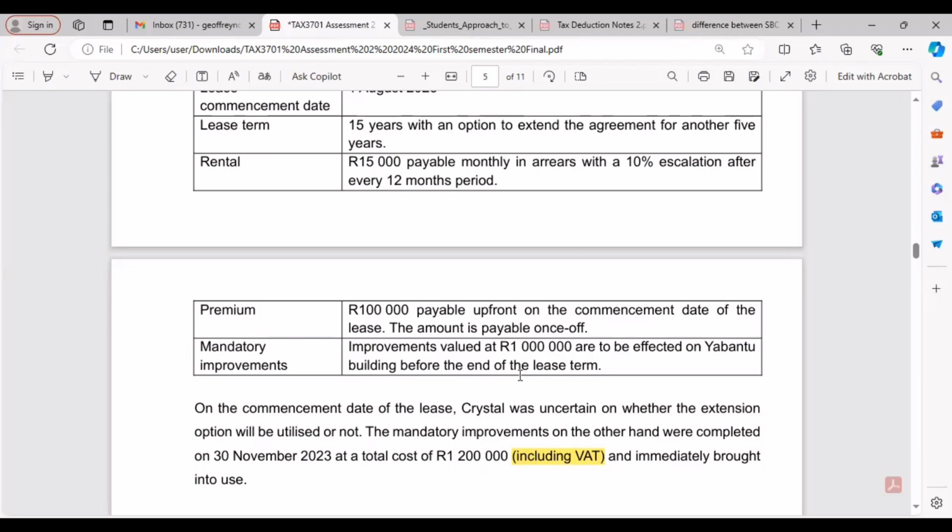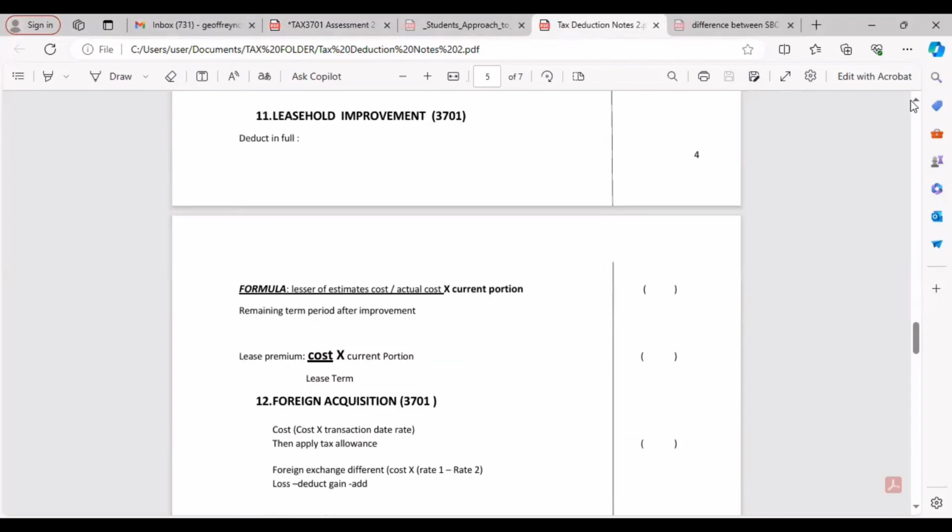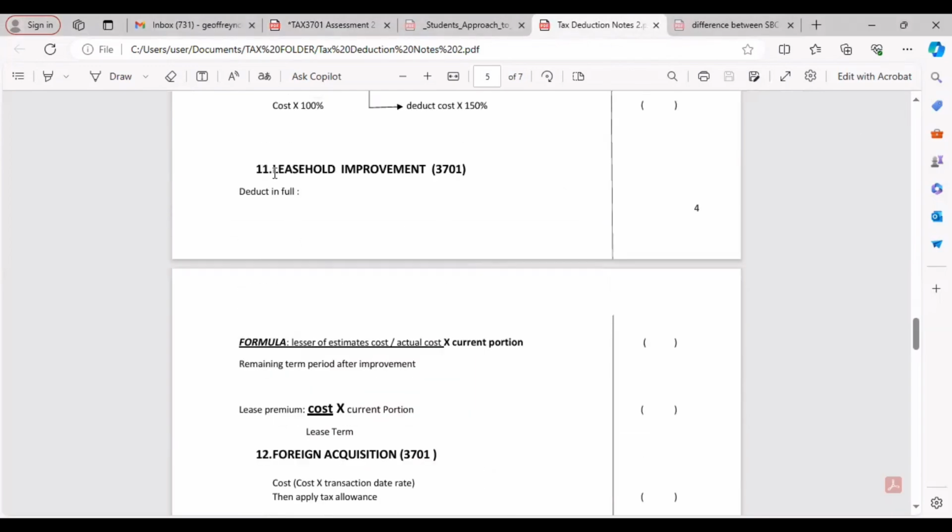So in order for us to compare these two, let's remove VAT and see which one is lesser. I sent on the group, there are these notes. Leasehold improvement, section 11, small letter G. Deduct in full.